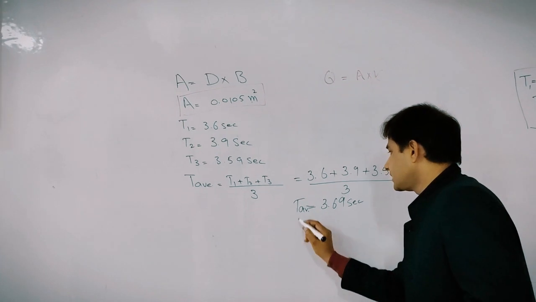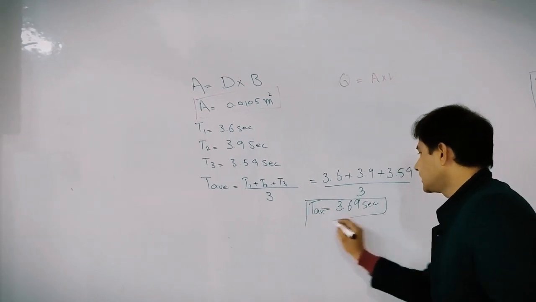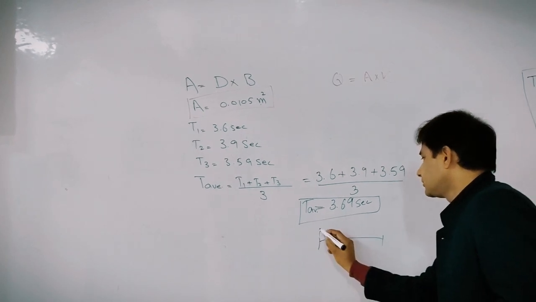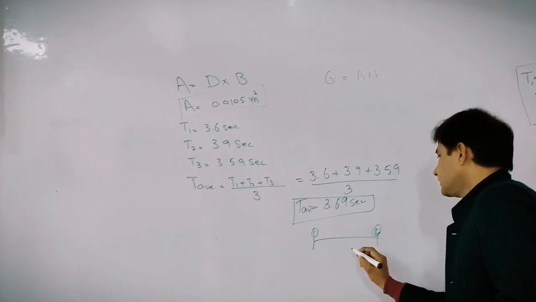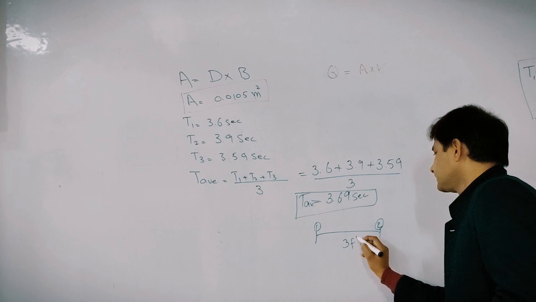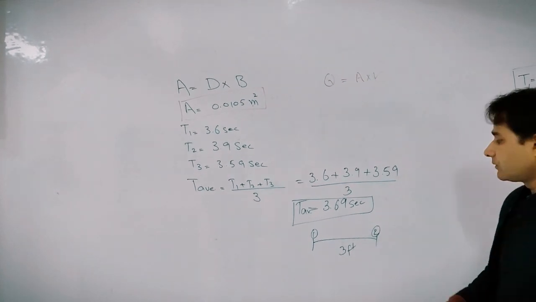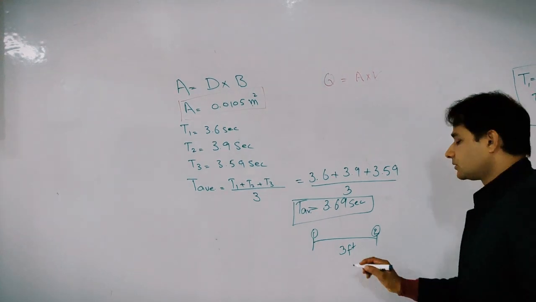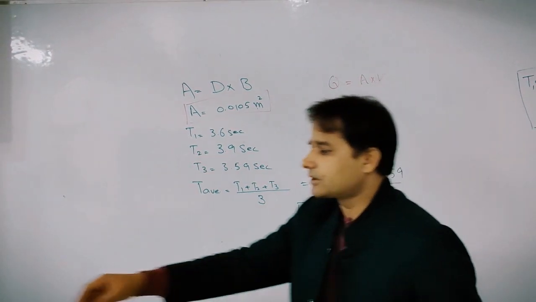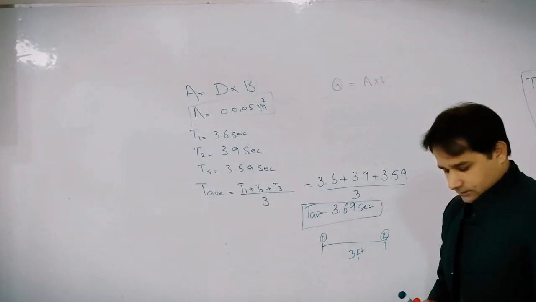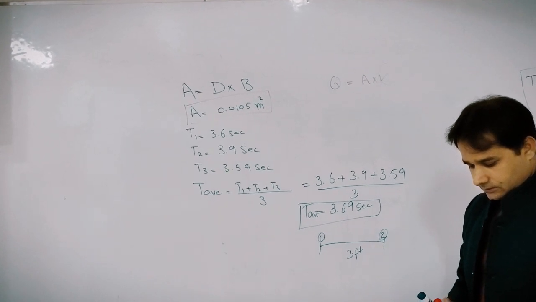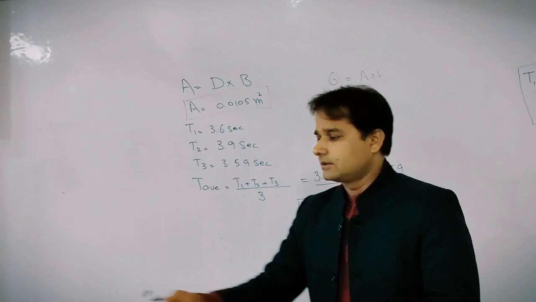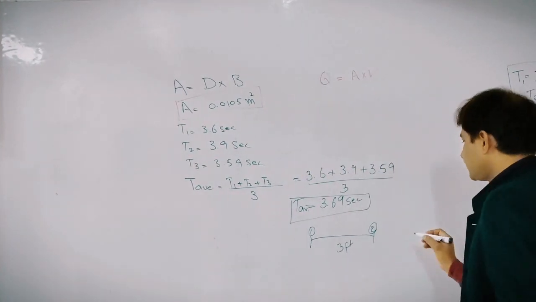We already know that the distance from section 1 to section 2 was 3 feet. We have to convert these feet into meters. After converting this, we got a value of 0.915.